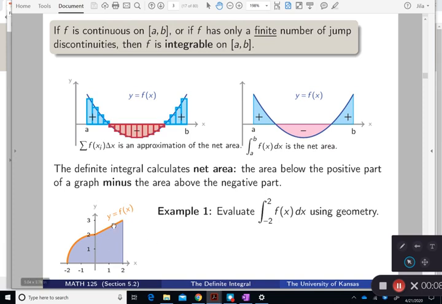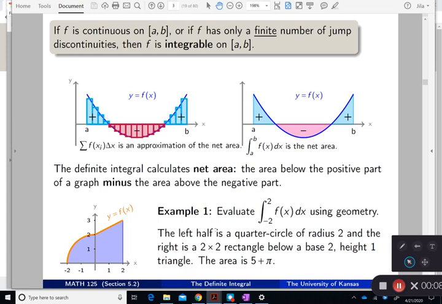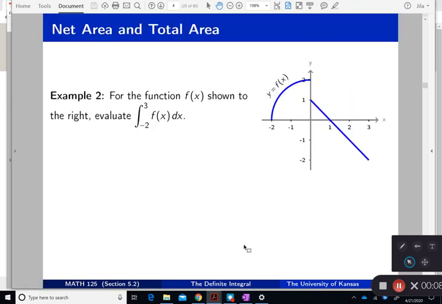And then there's a trapezoid here. One side is 2, the other side is 3. 2 plus 3 divided by 2 is 5/2, and then you multiply by 2, you get 5. So it's 5 plus pi, and that's the integral from -2 to 2 of f of x dx.